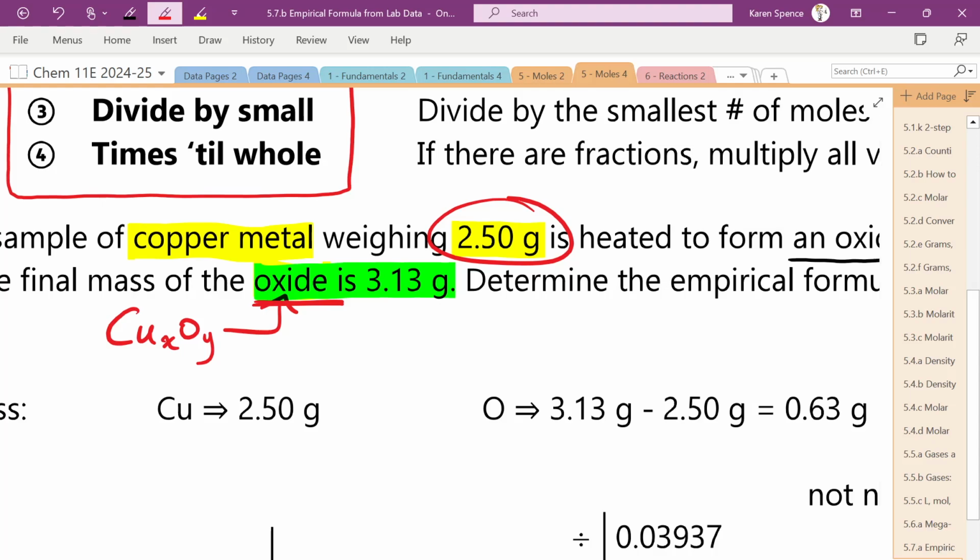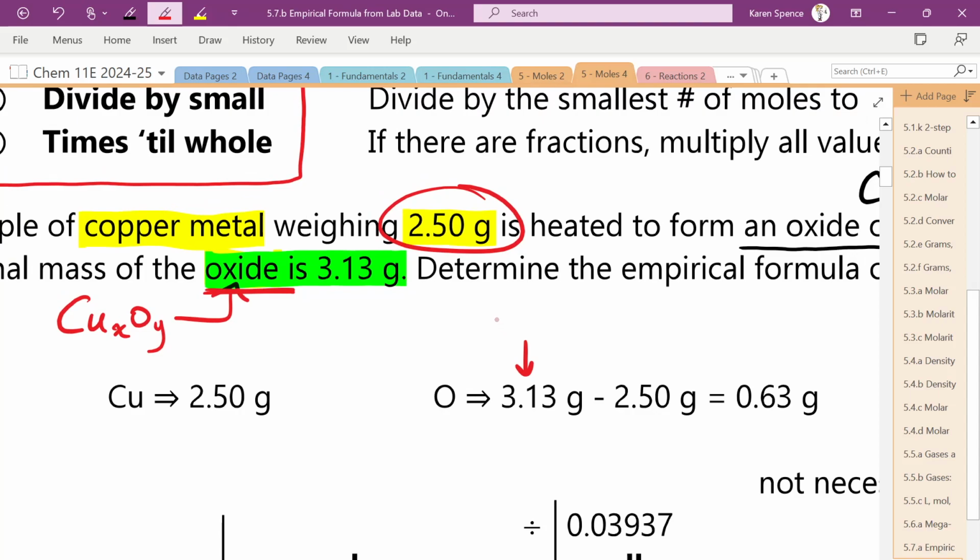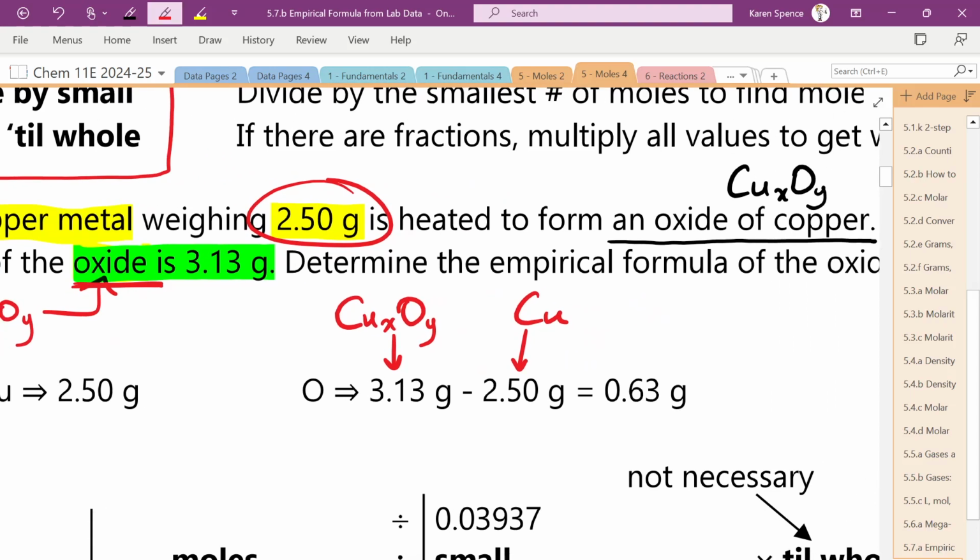So we know that this right here is the mass of the copper oxide, and 2.50 grams is the mass of the copper. And if we subtract those, we get the mass of the oxygen. So find the mass. What comes next?